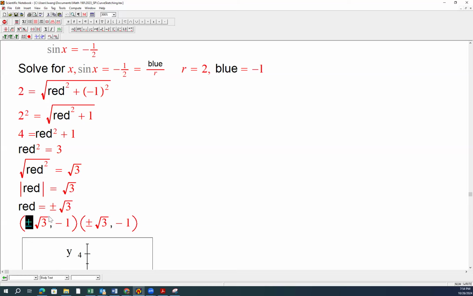So these are the 2 points it could be on. That tells us there are 2 different terminals.